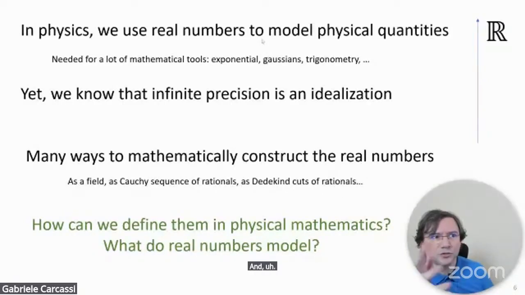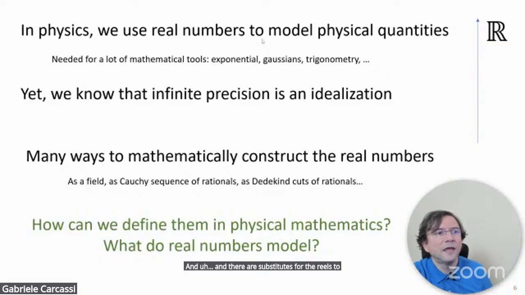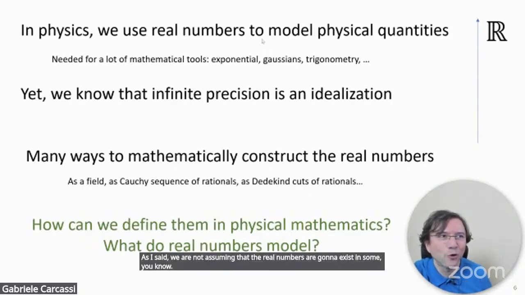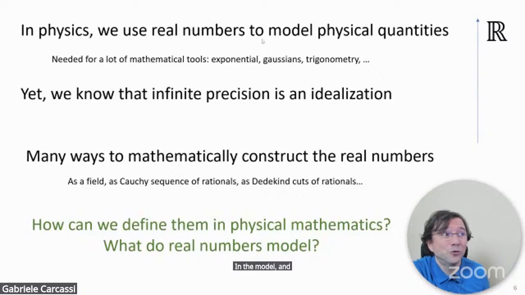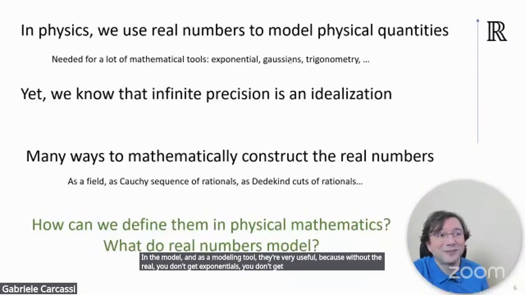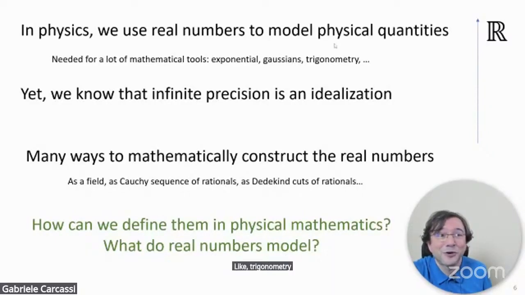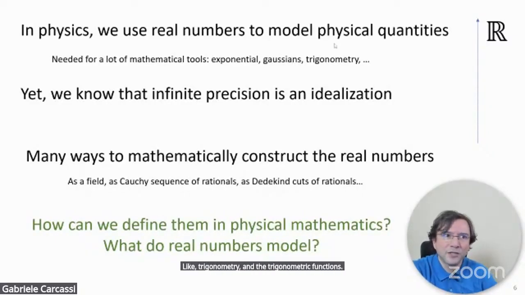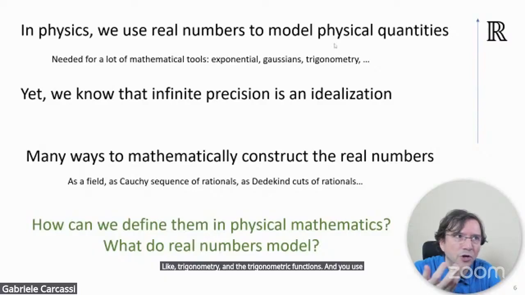There are substitutes for the reals to do some things, but as I said, we are not assuming that the real numbers exist in some physical, ontological sense. They're just in the model. And as a modeling tool, they're very useful because without the reals, you don't get exponentials, you don't get Gaussians, you don't get the trigonometric functions, and you use those all the time.